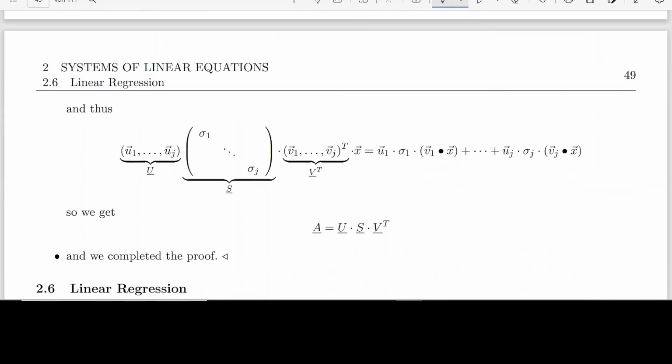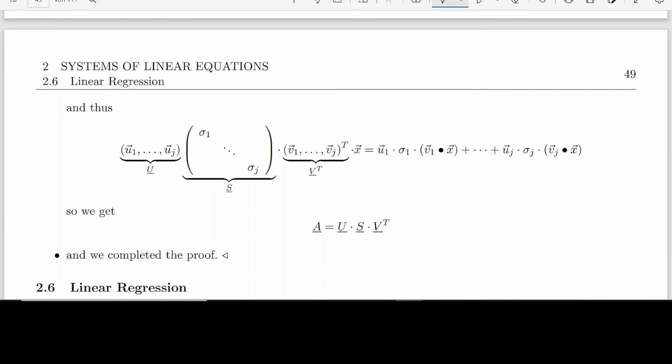These details were important for me being a mathematician, but I don't want you to care if you are an engineer. So we are done with the SVD decomposition, which decomposes a matrix A into a product of U, S, and V, where U and V are orthogonal matrices and S is a diagonal matrix carrying the singular values.